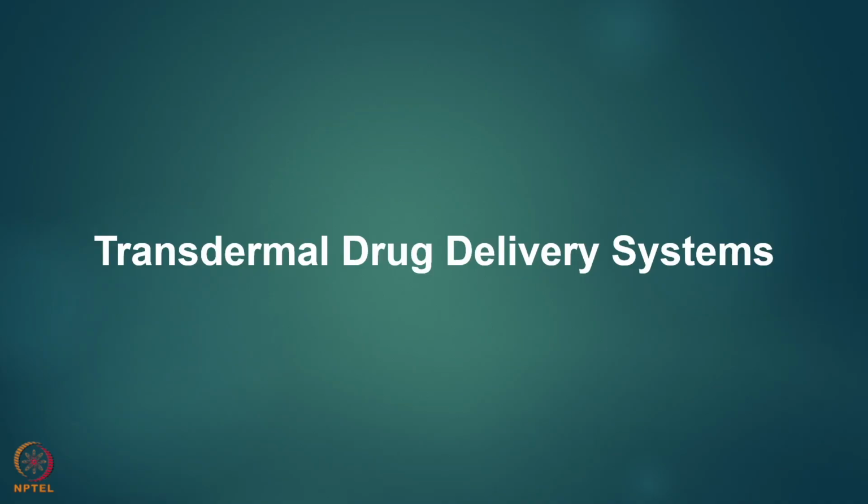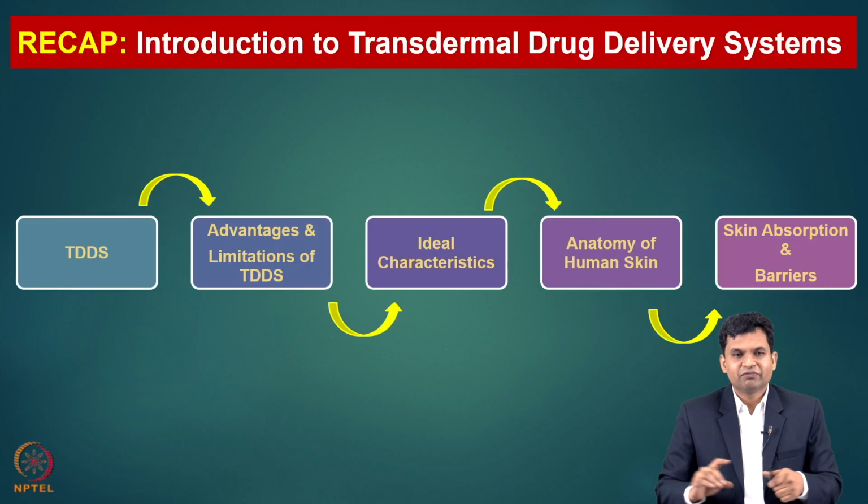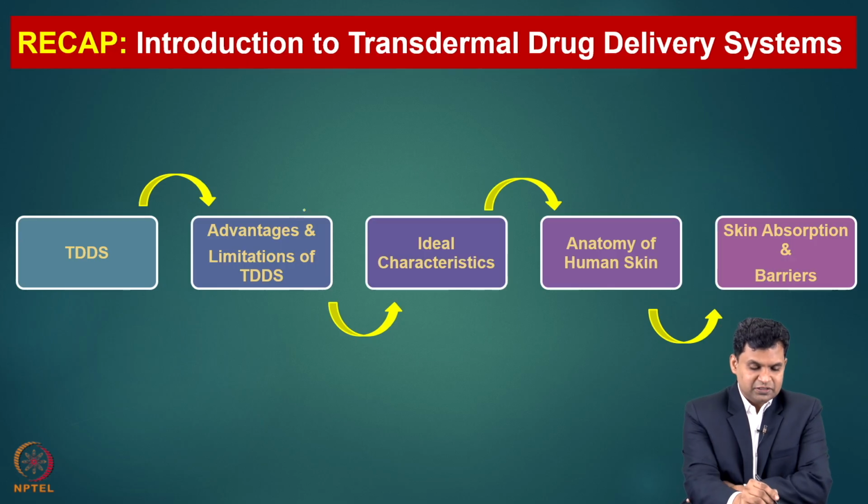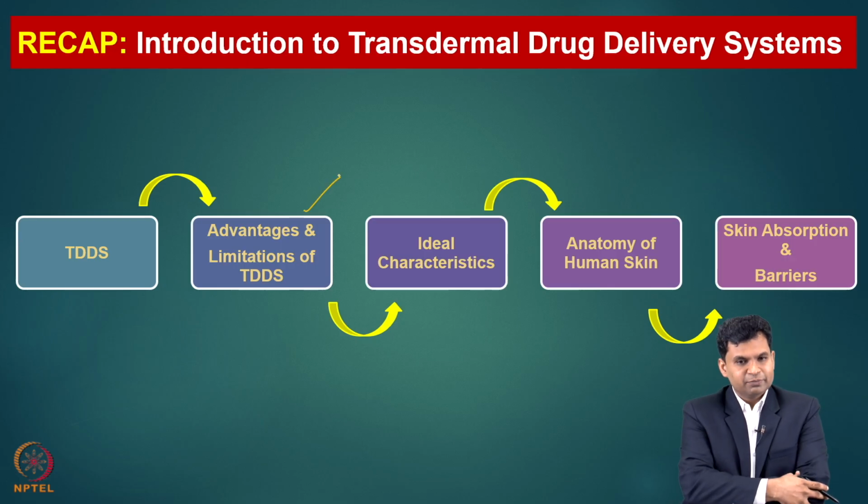In our novel drug delivery systems course, we are discussing transdermal drug delivery systems. In our previous lecture, we discussed what transdermal drug delivery systems are, the various drugs used for the treatment of diseases, and the advantages and limitations of transdermal drug delivery systems.